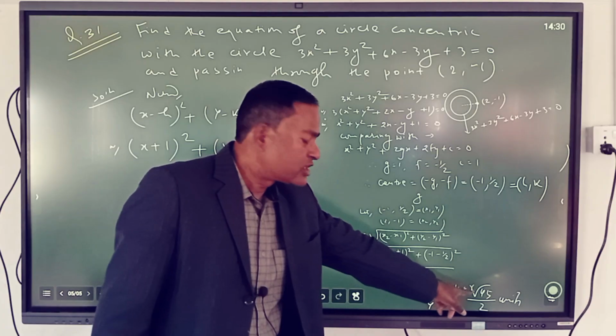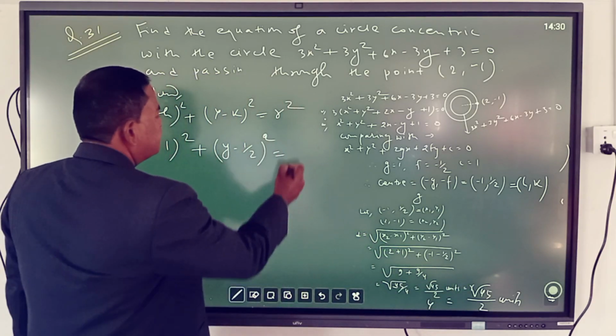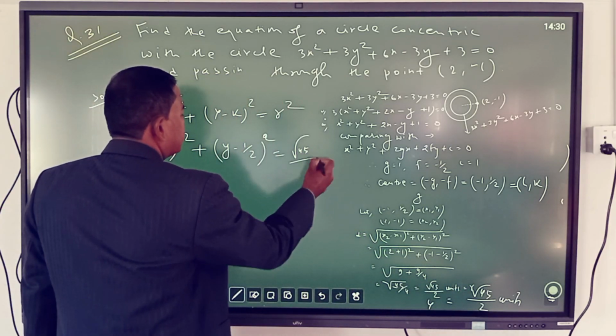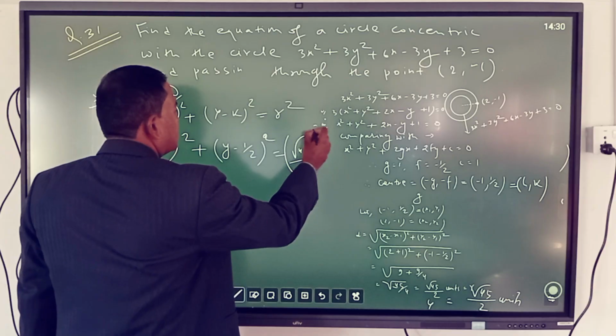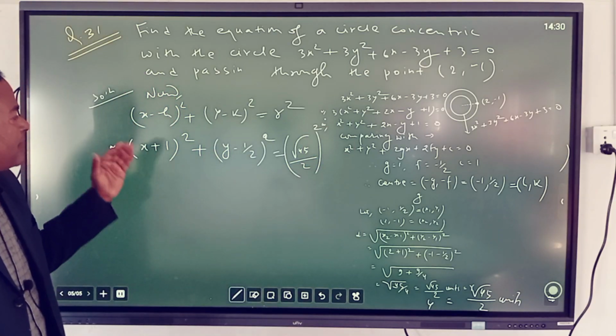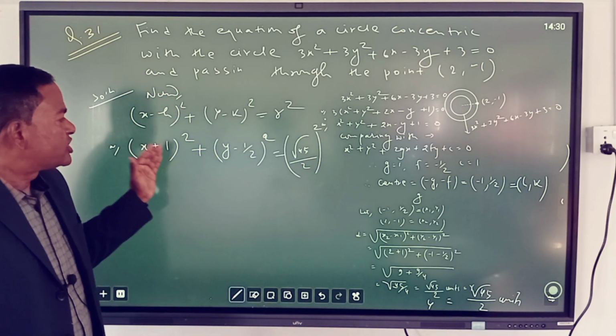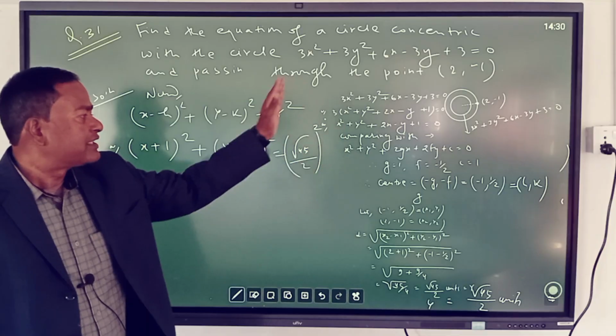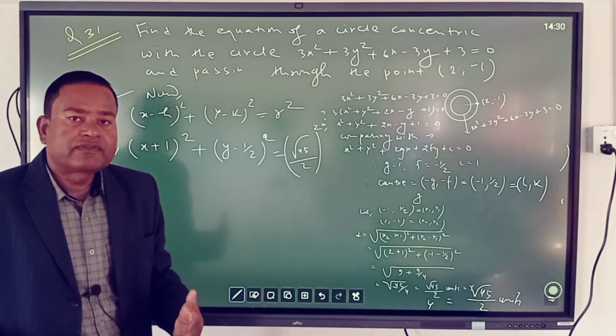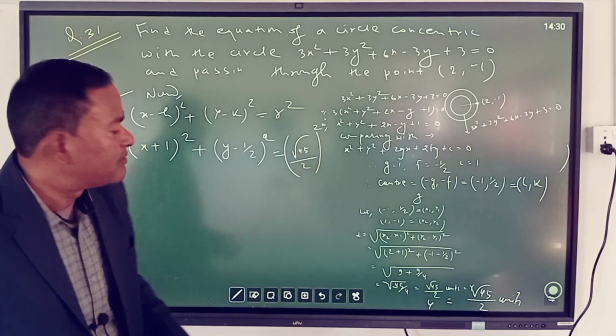The value of r is root 45 by 2. So dear students, we have simply substituted the value of center and the radius in the equation of a circle in the central form.